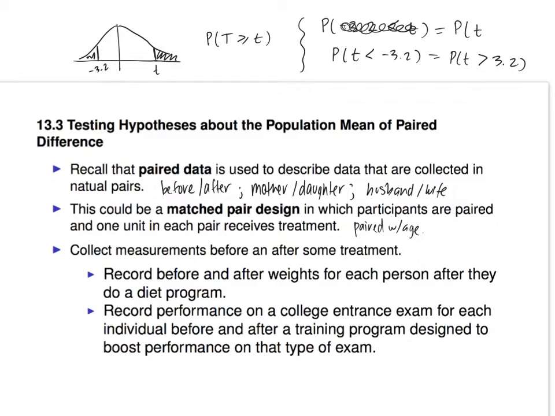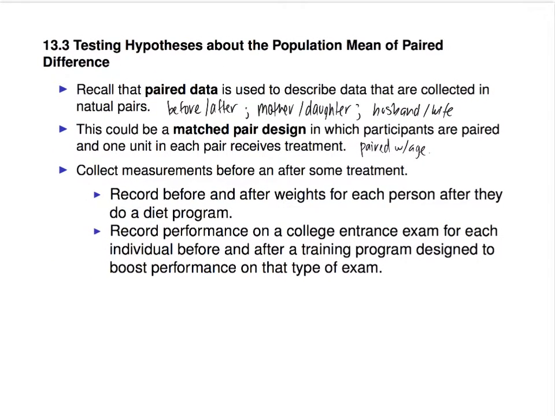So yeah, before and after weights after a diet program, or you could also talk about performance on a college entrance exam before and after a training program that is supposed to help you get better, to prove your program works. Yes? Okay. So those are examples of paired differences.